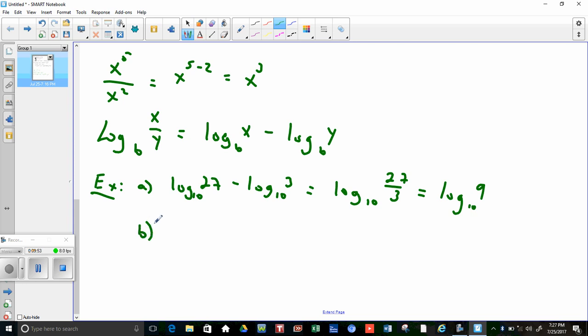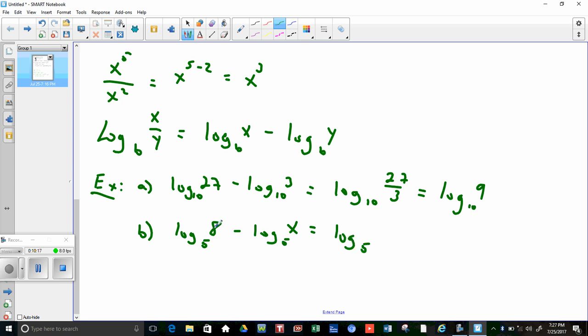Okay, moving along. Log of 8 base 5 minus log of x base 5. Bases are the same. We have subtraction, so this will become a division. When I condense this, it will be the log base 5.